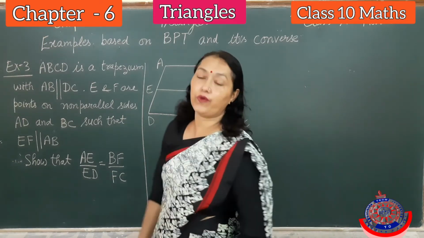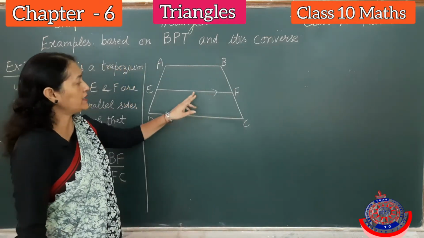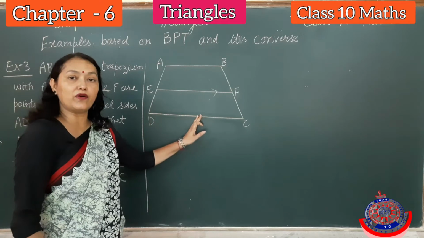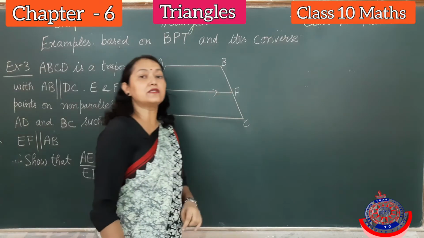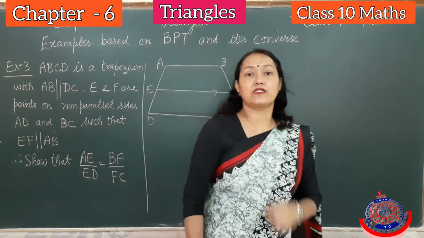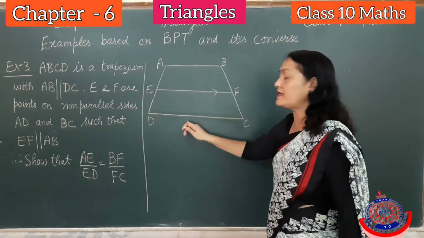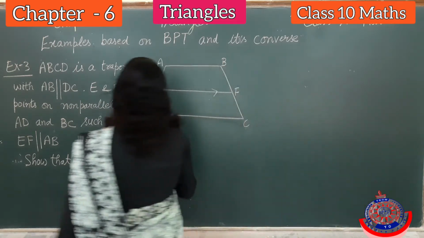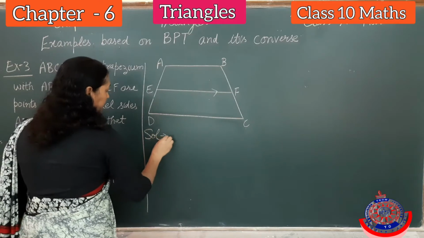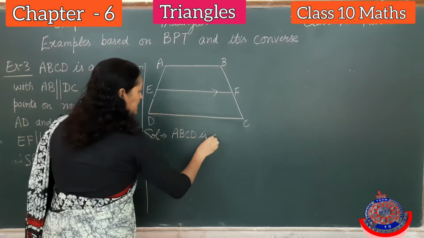What we are going to prove is that in a trapezium also, if a line is drawn parallel to one side of the trapezium, it will divide the other two sides in the same ratio. Starting with, first of all, understand that AB parallel to DC is there because ABCD is a trapezium.